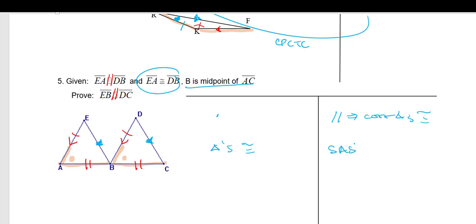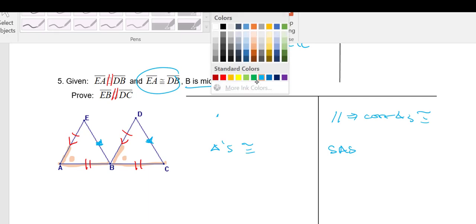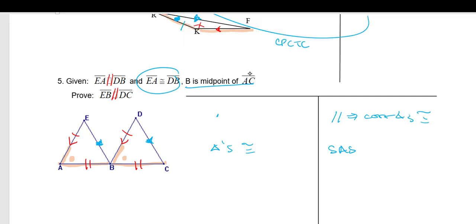So now the tricky part is you have to kind of work backwards here. You now want these two to be parallel to each other, and the best way to get that is if I can prove that this angle is congruent to this angle right here. So these two angles are congruent to each other. And we know those are congruent because of CPCTC.